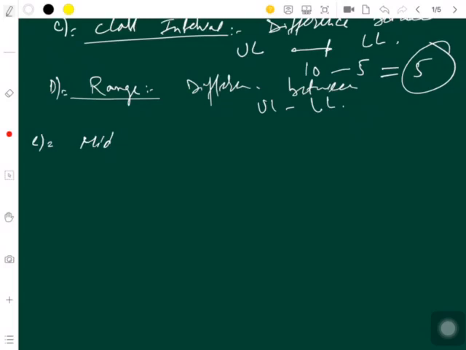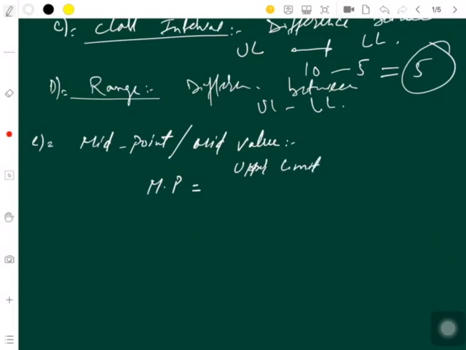Midpoint, or it is also called mid value. Midpoint or mid value is equal to your upper limit plus lower limit divided by 2.